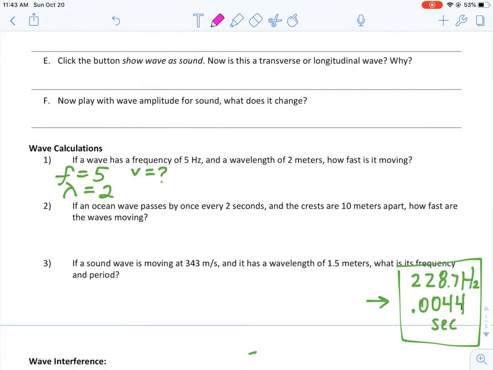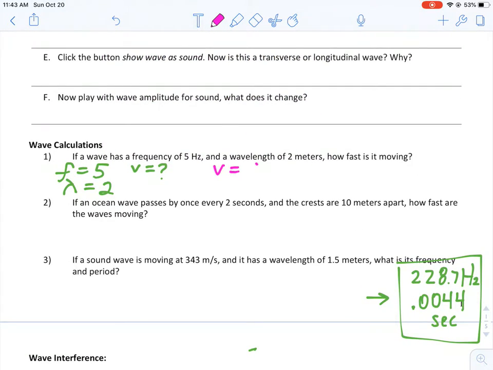Well, our velocity equation says that frequency and wavelength multiplied equals the velocity. So I take my 5, that's my frequency. I take my 2, that's my wavelength. And I get 10 meters per second. Now that is how fast it is moving. While frequency feels like it's speed, it's not. It's about the number of up and downies, the number of waves, the number of oscillations.